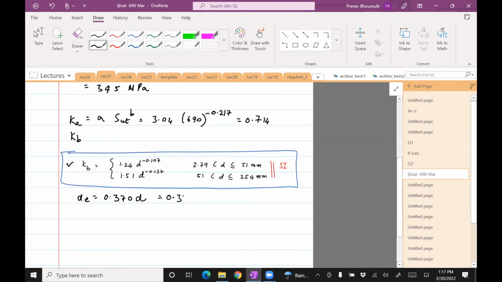So 0.370 times 32, the smaller diameter is critical. So that is d_e.